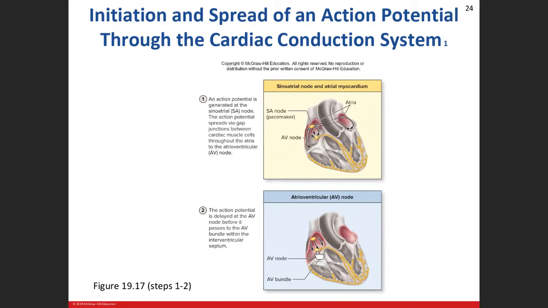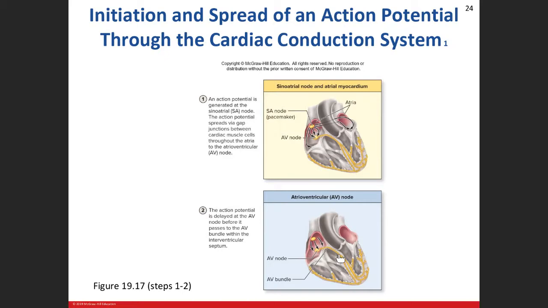And we have fewer gap junctions. Remember, gap junctions allow ions to flow across the cells. It's the path of least resistance, but that also promotes depolarization. So the AV node slows it down for a moment, but then it depolarizes.